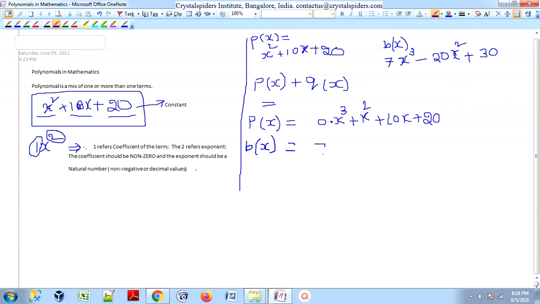Let's say here 7x cube, minus 20x square. This is 20x square guys.